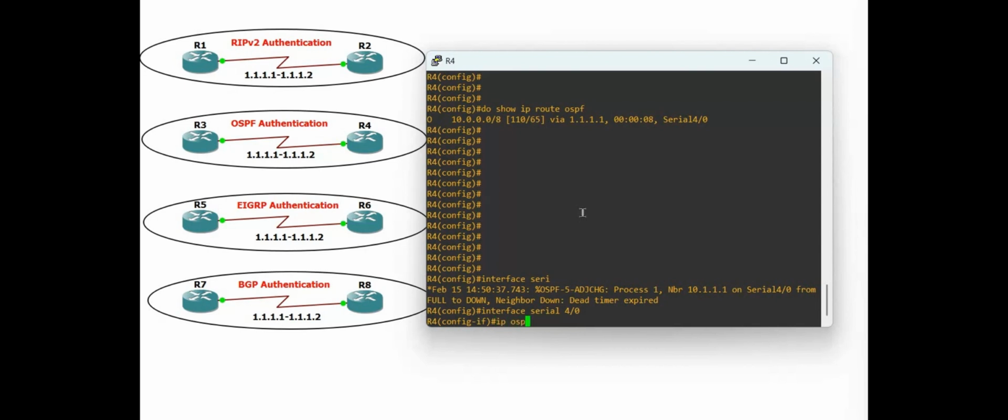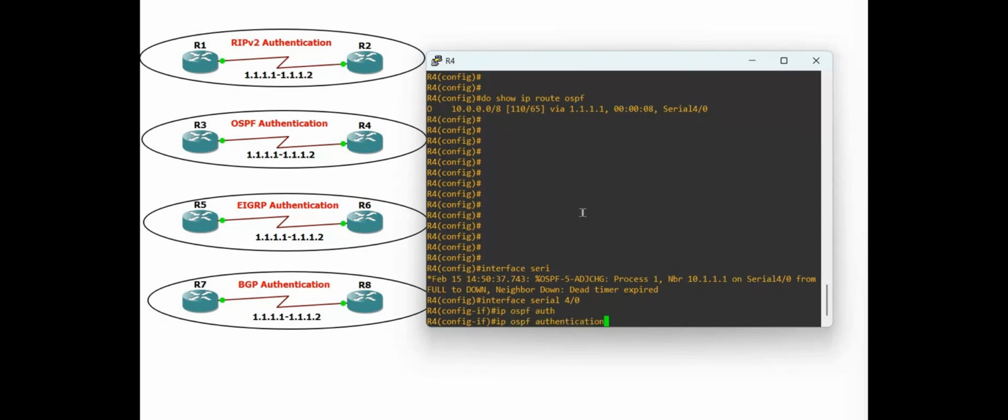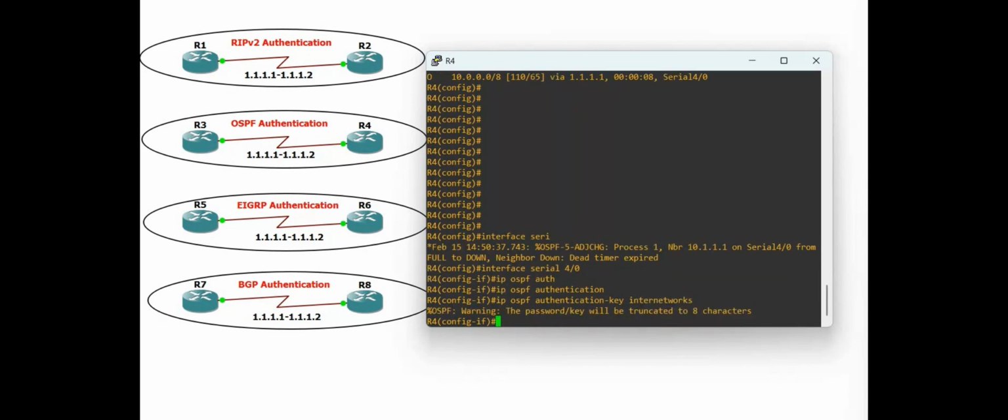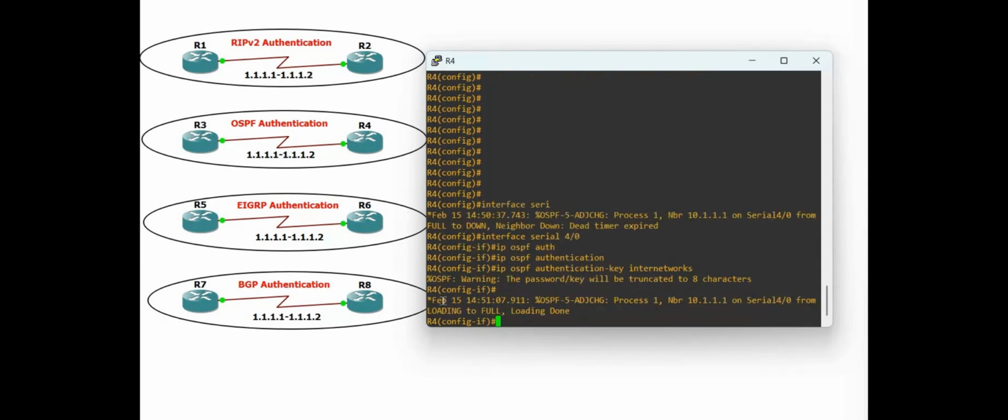So IP OSPF authentication, and again with the key internetworks. Okay, the warning, soon the neighborship will come up. You can see the neighborship is up again.